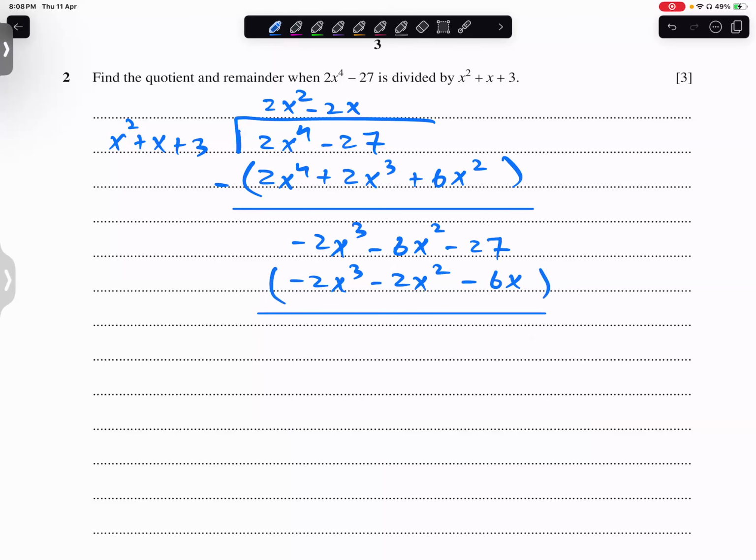After subtraction, you will get 4x^2 and then plus 6x minus 27. So let's multiply it with plus 4. Okay, this was minus 4. So multiply it with minus 4x^2, minus 4x^2, and then minus 4x minus 12.